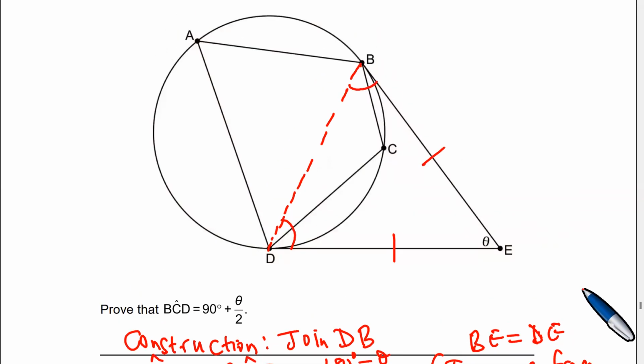We continue with the proof. Right, so now with this, we have the following.